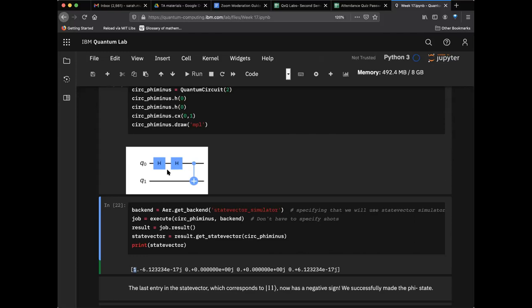I'll leave that as an exercise to the reader to prove to yourself that running a Hadamard twice gets you back to where you started.